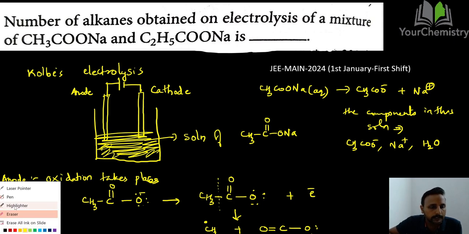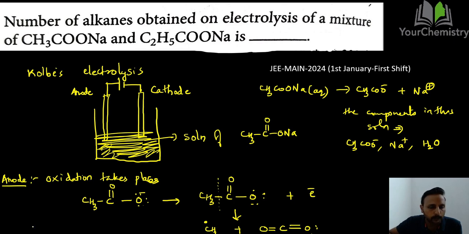So CO2 comes out. I'm just deleting the lone pairs. You don't need to worry about those lone pairs; you have to go through the chemical bonding chapter to get an understanding of that, or later in any other chemical bonding discussion I will let you know how many lone pairs can come around an atom. So this is carbon dioxide that just came out of this solution.